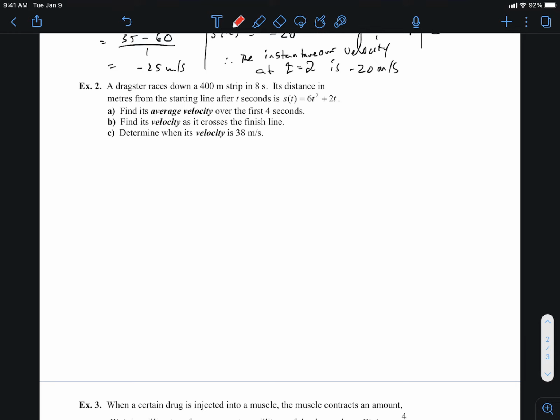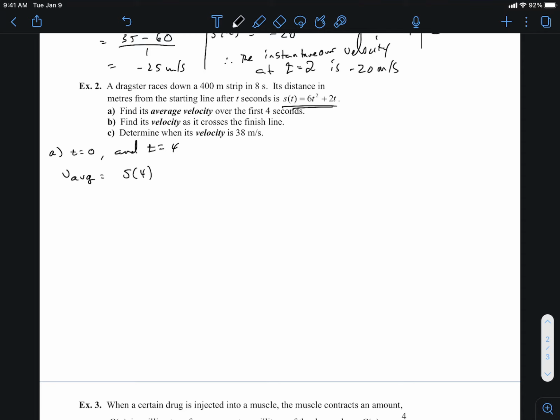Okay, so we want to find ultimately what the average velocity would be between t equals 0 and t equals 4. And so we can just say, all right, well, v average is going to equal the value of the s function when I plug in 0 and 4, right? So we're going to do final minus initial.